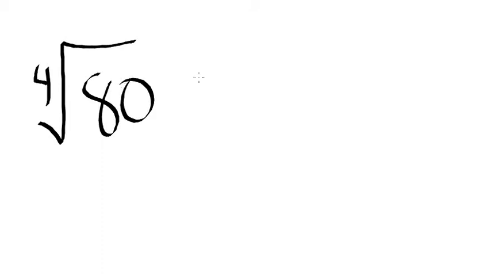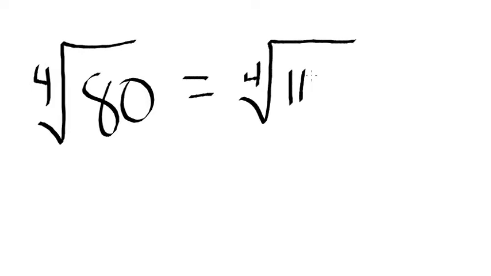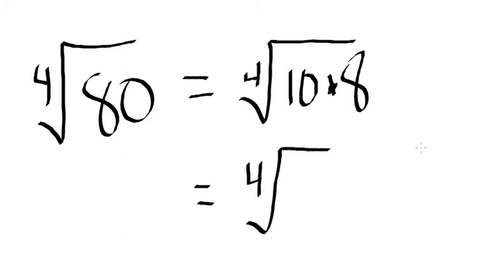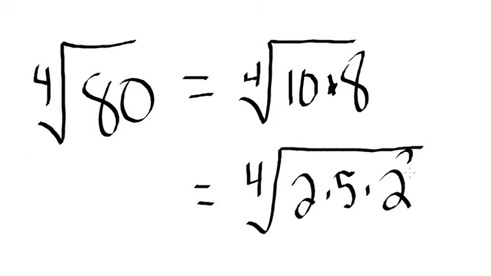The square root of 80. So 10 times 8 is 80, if you want to look at it that way. You can break this thing up. 2 times 5 is 10 times 2 to the 3rd power, which is 8.